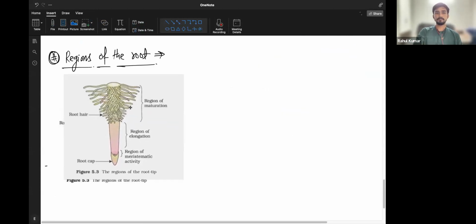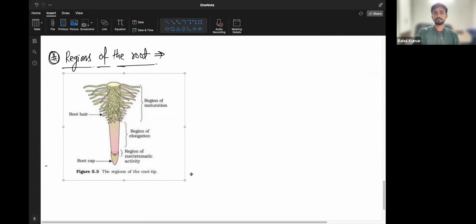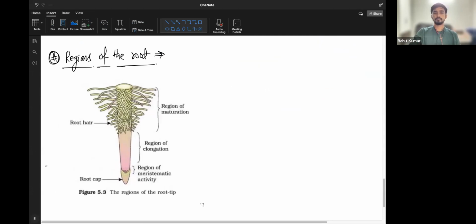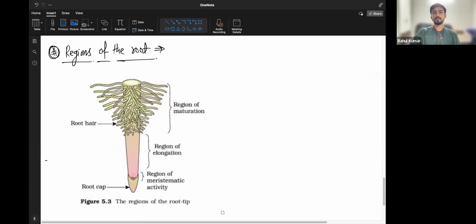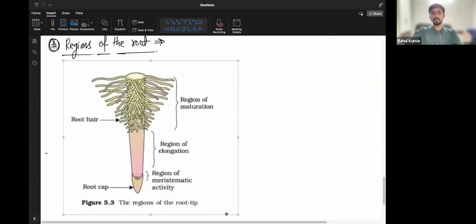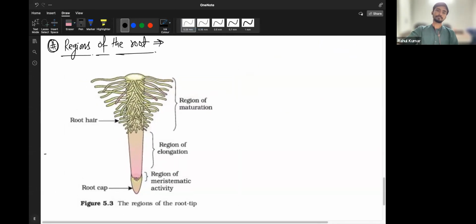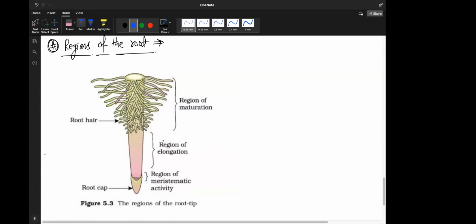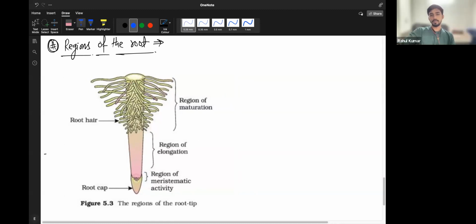Can you see this diagram? Is it visible clearly? Kiram and Aisha? Yes. Okay. If you don't have NCERT, look here. You can draw this. It's very simple.